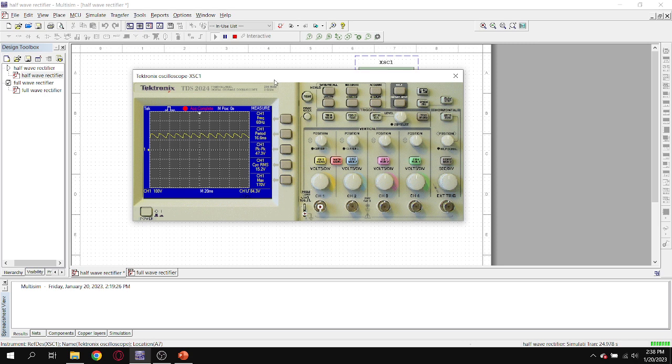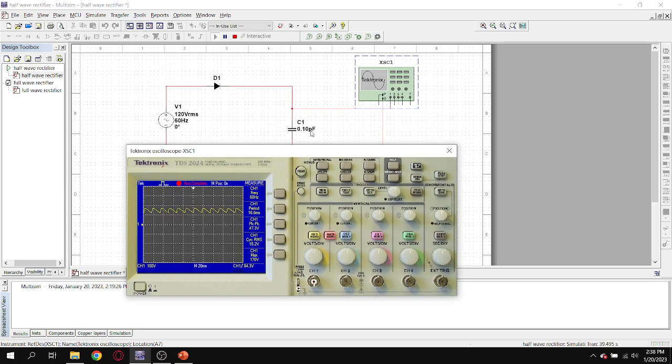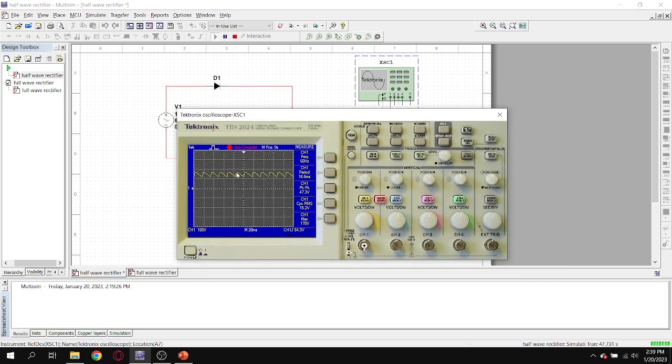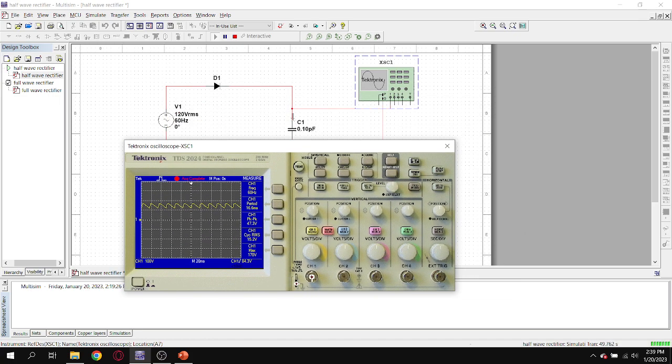This is different from before. We saw the waveform peak and then drop to zero, and then peak again and drop to zero, but this time it peaks but drops slowly because of the capacitor. At this peak point it is charging, and then it drops slowly, meaning that it is discharging slowly.